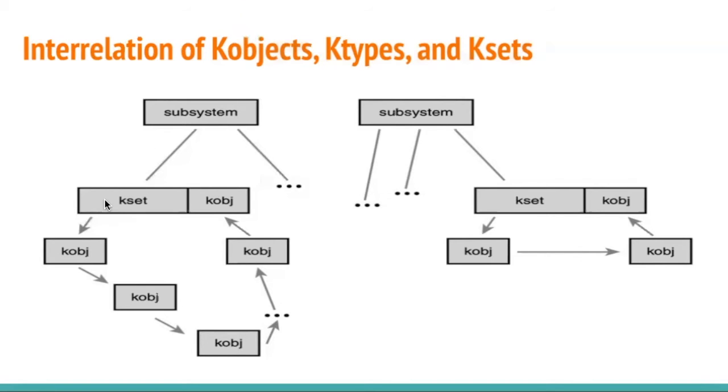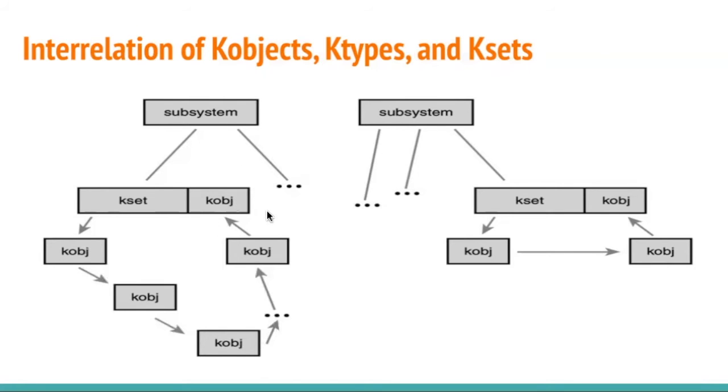Those similar behavior devices are represented with a Kset, and this Kset is a list of all the k objects that are similar to each other in behavior. That's why these are related to each other. This top level k object becomes a directory representing the upper level device, and the others are dependent devices having the same behavior.